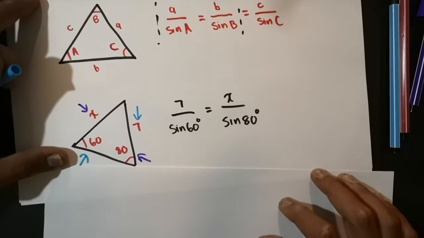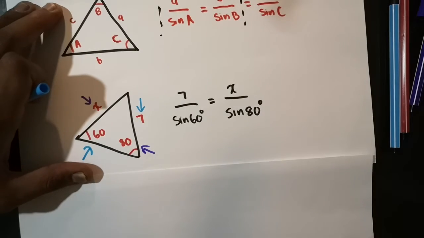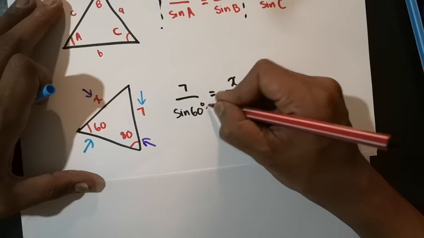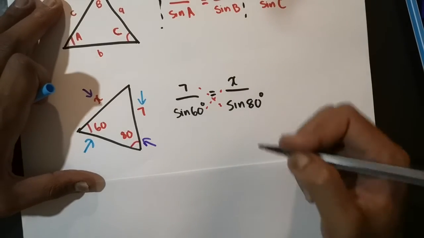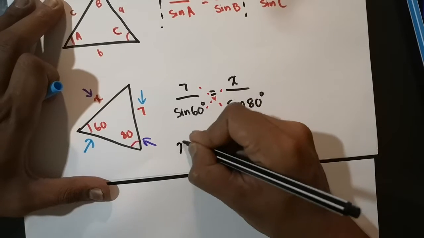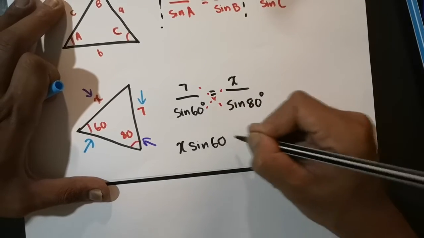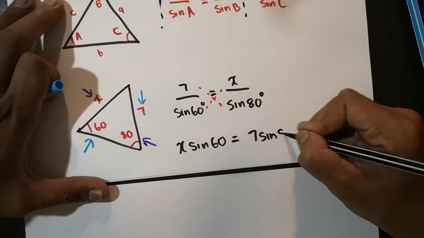So when you are here, what you do is cross multiply. When you cross multiply, I'll get x multiplied by sine 60. I'll get x sine 60 is equal to 7 sine 80.